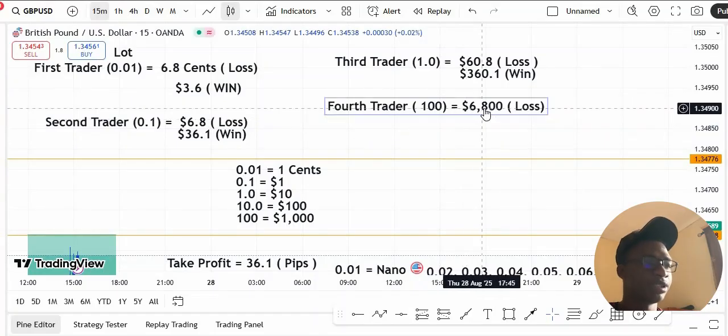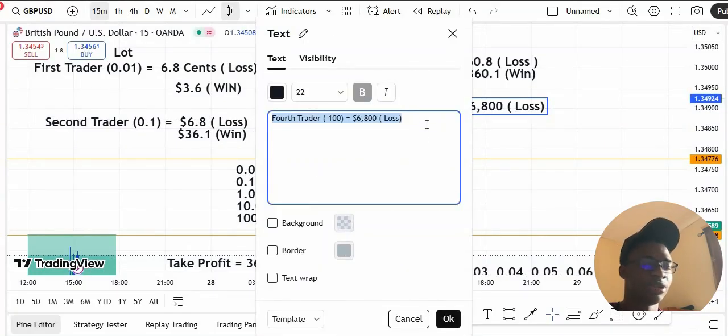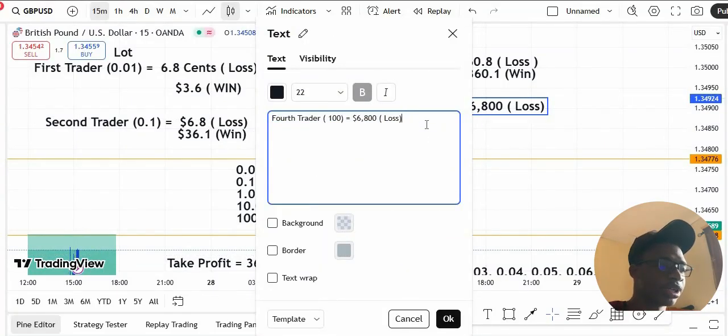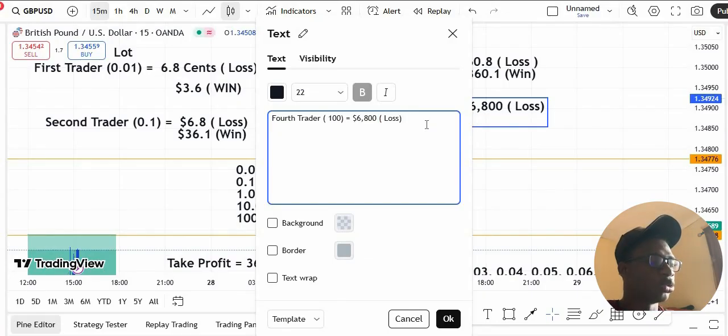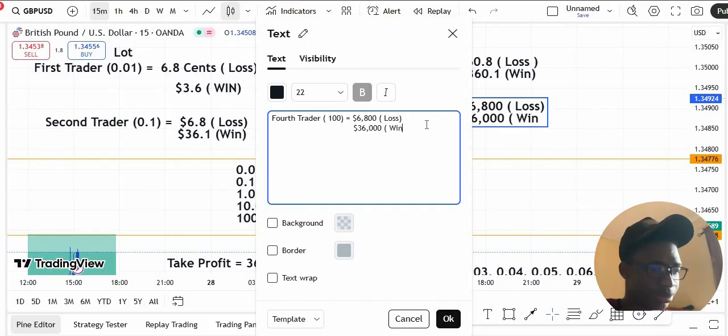But if the market goes his way, it's going to make an additional, ooh, that's lots of money, about $36,000 as well.